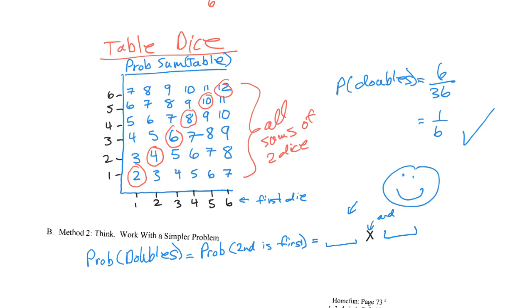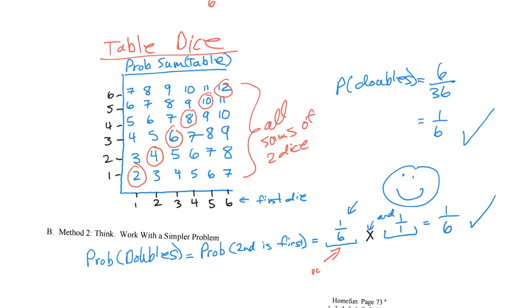So when the first die rolls, it has a 1 in 6 chance of getting something, right? The second die has no choice but to be the same. So the first choice is 1 over 6. The second die is 1 over 1. 1 times 1 on the top is 1. 1 times 6 on the bottom is 6. Isn't that what we said our probabilities were? So the probability of the second die being the first die is 1/6.